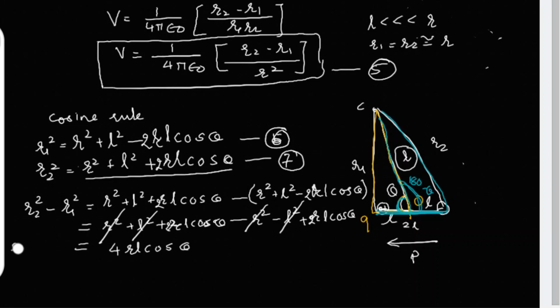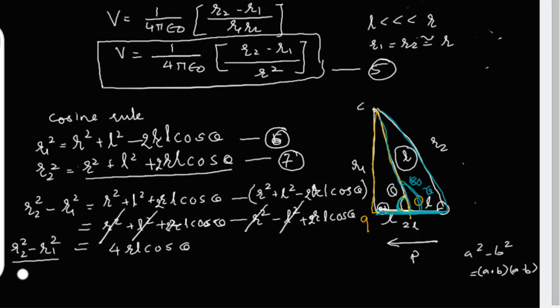And this is equal to R2 square minus R1 square. But what I need is R2 minus R1, so I am expanding this equation. We know a square minus b square is equal to a plus b in the first bracket and a minus b in the second bracket, isn't it?